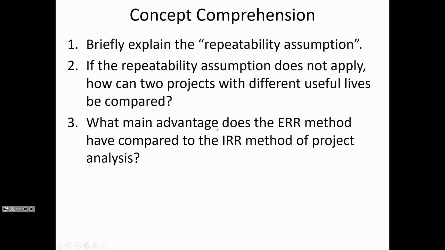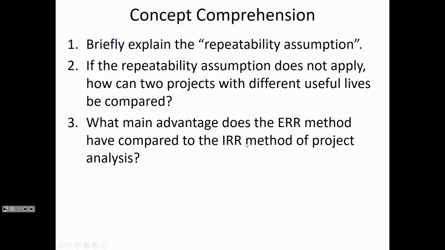But the advantage of the external rate of return method, the critical thing in this question is why is ERR better? And the reason why is you can't compare projects on the basis of internal rate of return. That was the other big warning that I gave you lots of times, is that the project with the highest internal rate of return isn't necessarily the best project.